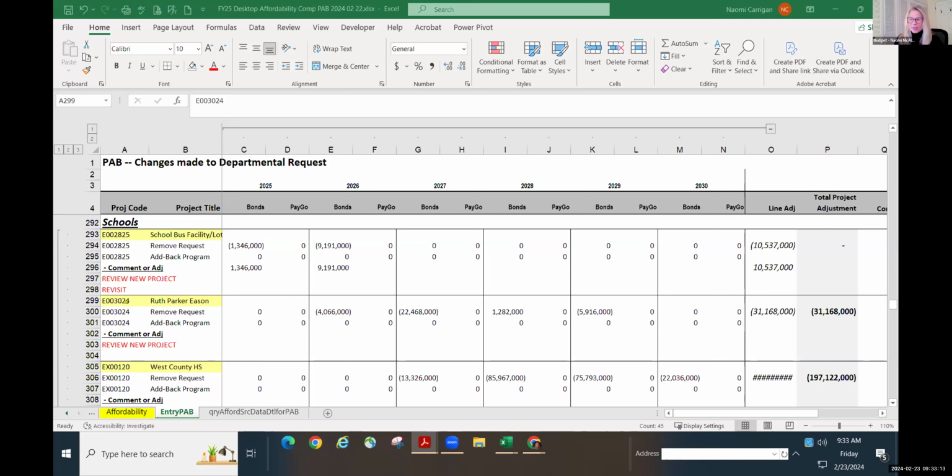So Melanie, do you know anything about Ruth Parker's? So it's a specialty school. Can you remind us what specialty it is? It does not say. I think it's special needs, but to be honest, I'm not 100% sure on this one.